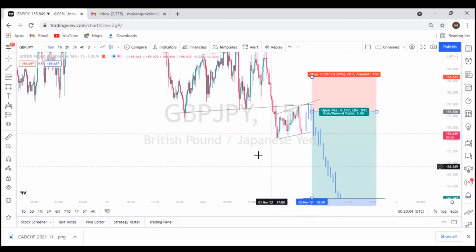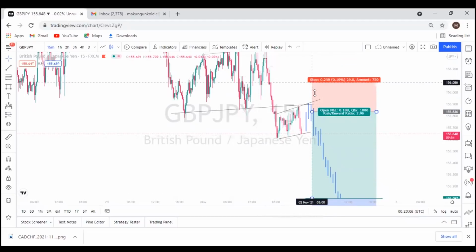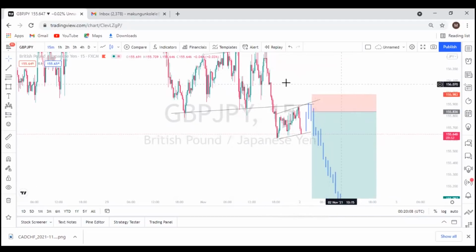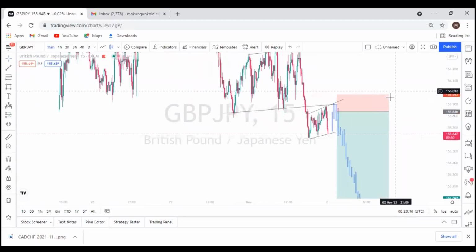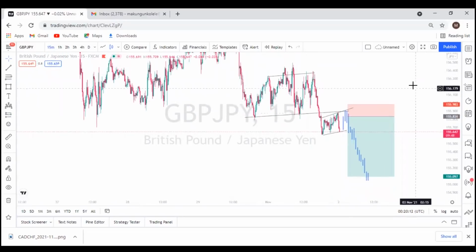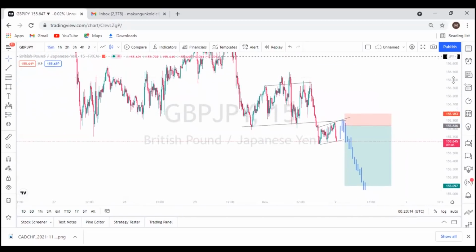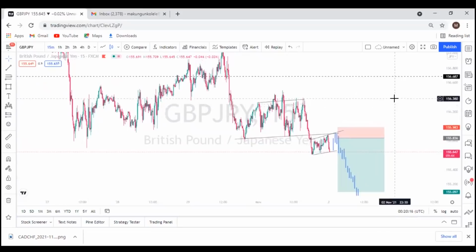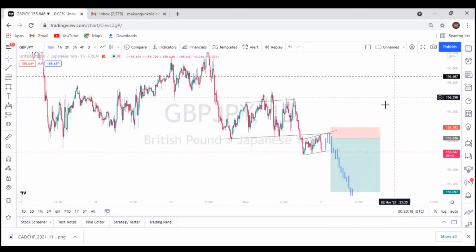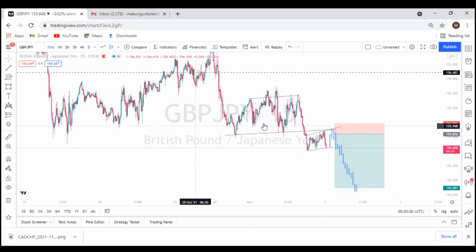But then if it comes to that, we are taking the risk. So this is our setup, and I believe in this one because it looks clean, it looks nice, and very simple.